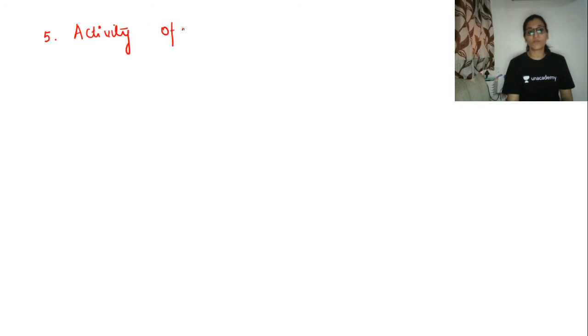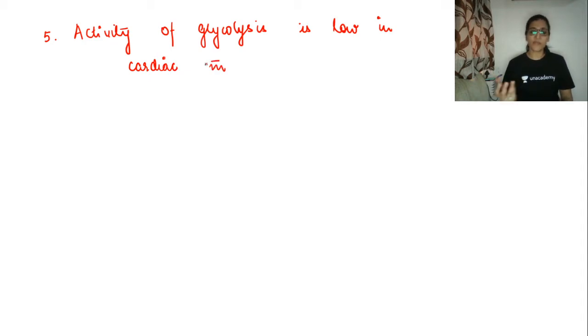Activity of glycolysis is low in cardiac muscles. And if it is low in cardiac muscles, why are we placing so much importance on cardiac muscles? Whenever there is a heart attack, there will be low progression of the heart attack.